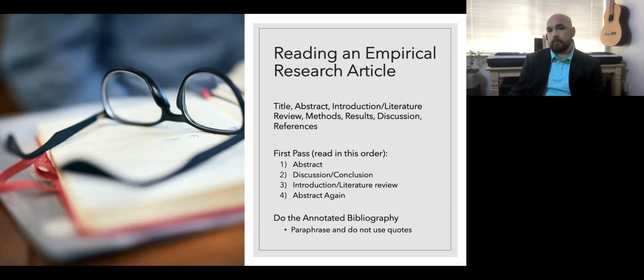But just to keep it simple for now, reading the abstract, then the discussion or conclusion section, and going to the introduction, literature review, and then once again the abstract does give you a broad idea.